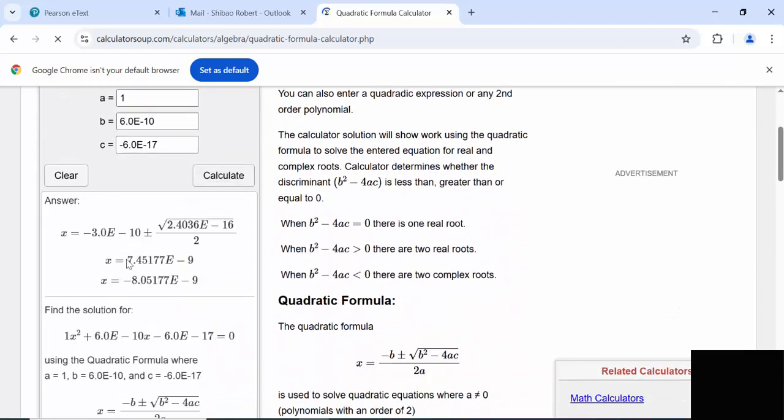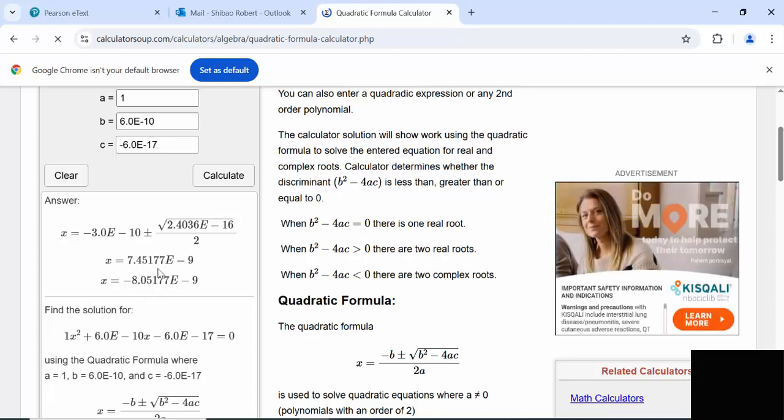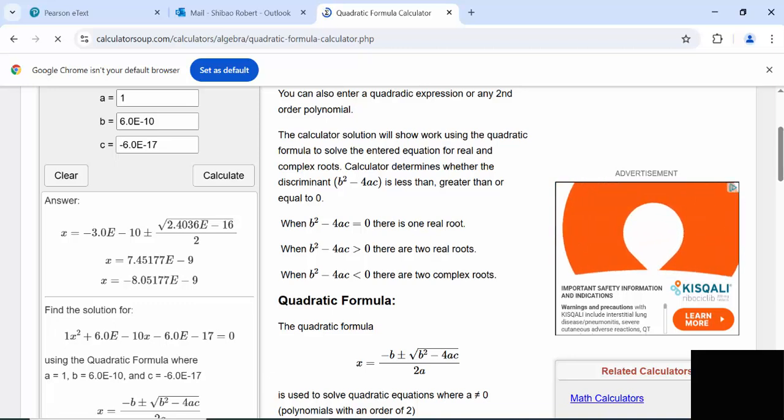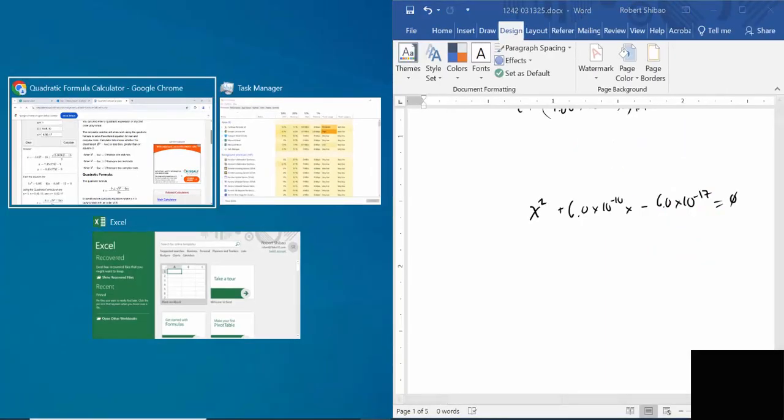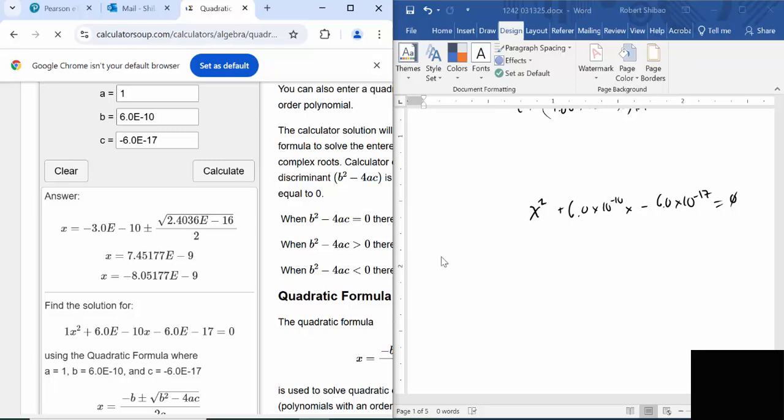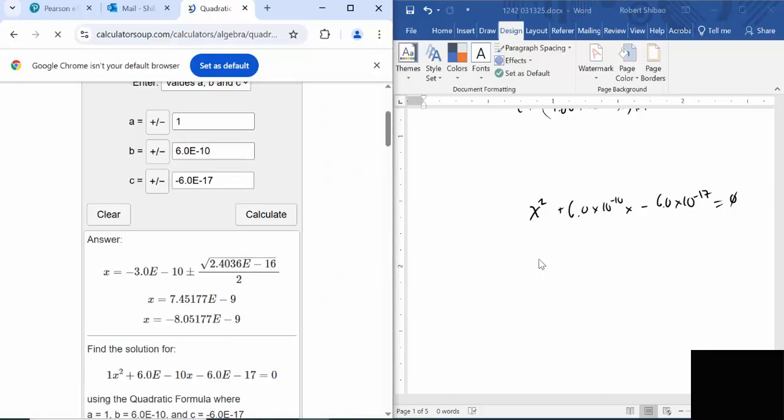And I have 2 solutions. The negative won't work here, so I'll just take the positive, which is going to be 7.45177 times 10 to the minus 9. So let me write that here. X is equal to 7.45177 times 10 to the negative 9.